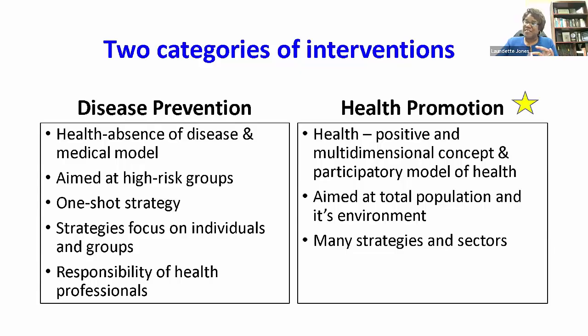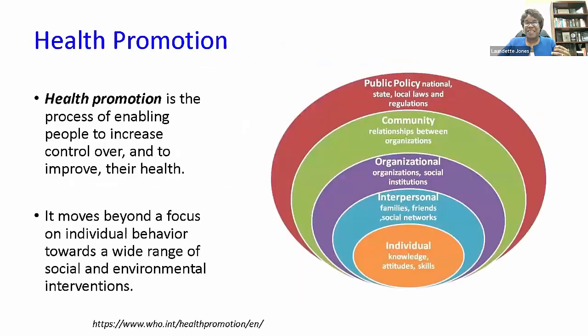So I wanted to focus on health promotion because that's where I see really all hands on deck, and even all of you who work in the library systems. So as I mentioned, health promotion is the process that enables people to increase control over and to improve their health. So I've been sharing this little ecological model. It's the same one.